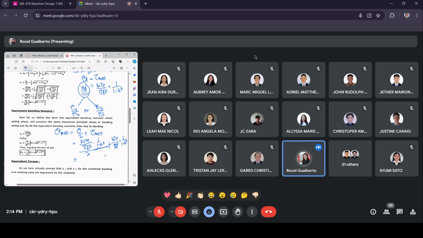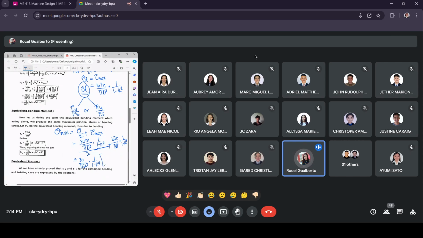But just like with tau max, let us have this sigma max synonymous with the equation for pure bending. For pure bending, that's 32M over pi d cubed. So let us have here 32 over pi d cubed times 1 over 1 minus k to the 4th. These two factors are common to these two terms.